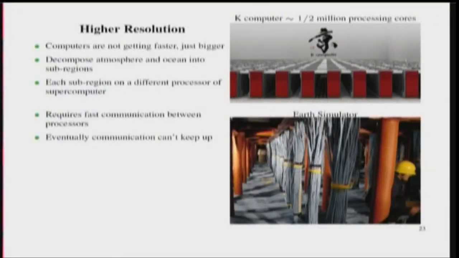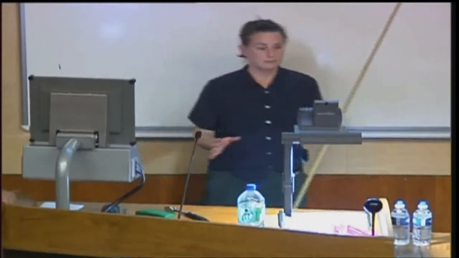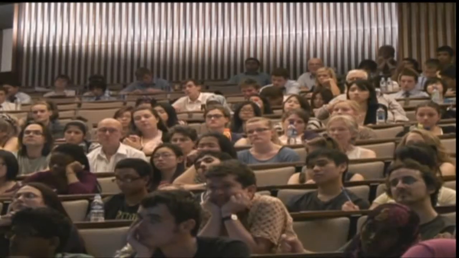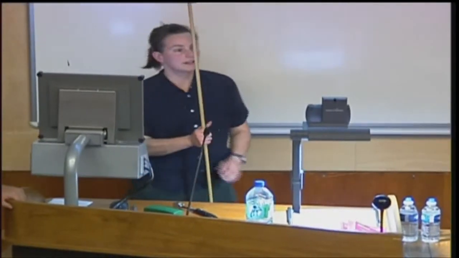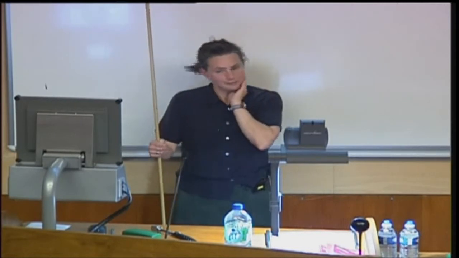So there's a huge amount of communication going on. And eventually, what slows down climate models is that this communication can't keep up. Probably what slowed you down the most was making sure you're communicating with the right person and communicating the right information and just saying the number to each other. So faced with this communication not being able to keep up, how can we improve climate models?